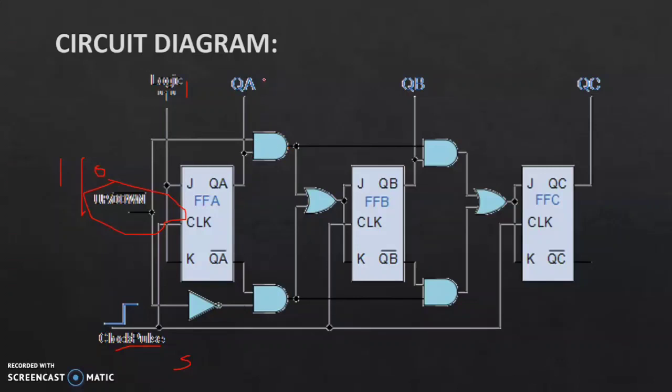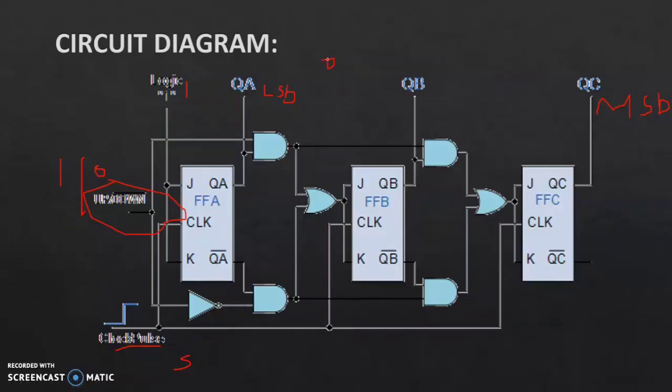Each Q point is an output point. The first one is the LSB, nearer to the clock pulse, and the furthermost is the MSB. By this we can see the MSB and LSB bit values.